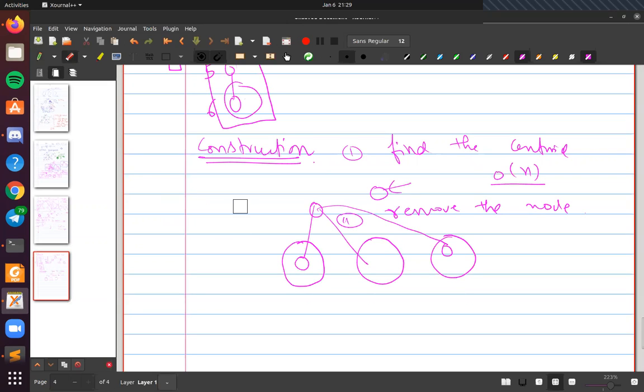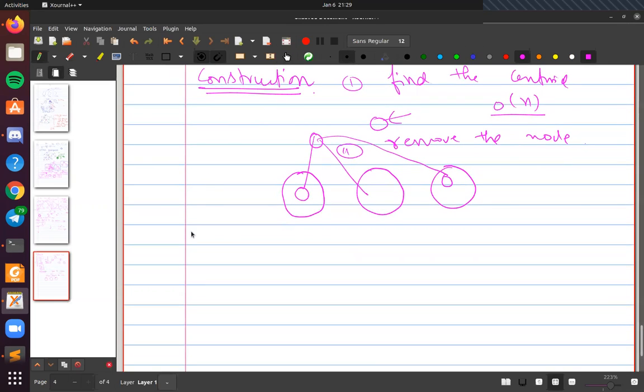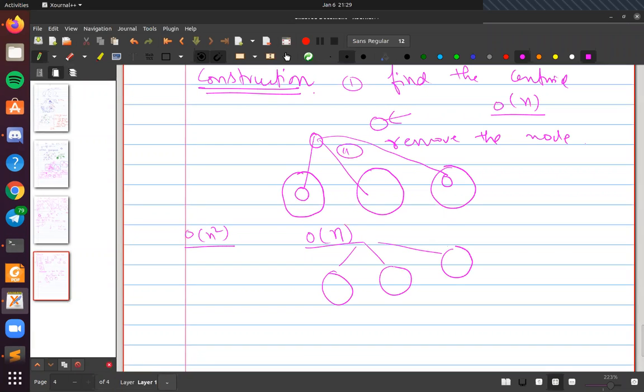So this looks like n square because you find the centroid in O of n, then break the tree into a number of different components. Each will also run the algorithm in O of n.